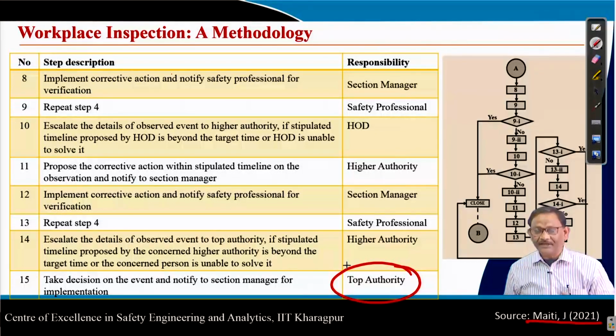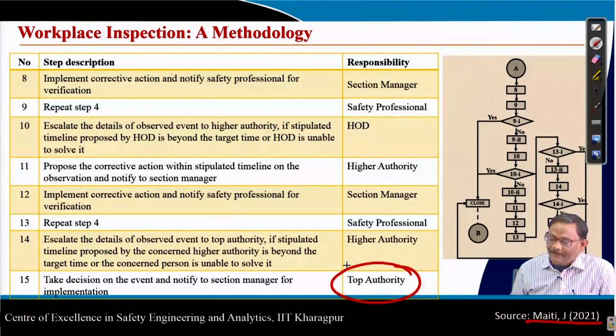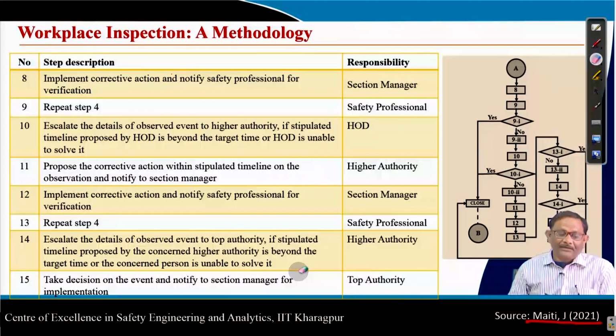If top is committed, as I told you earlier, 50% work is done, then ultimately the lower level authorities will obey this, they will be highly motivated and they will do their best. So this is one of the important parts of it, and we are talking about it from the workplace inspection point of view.